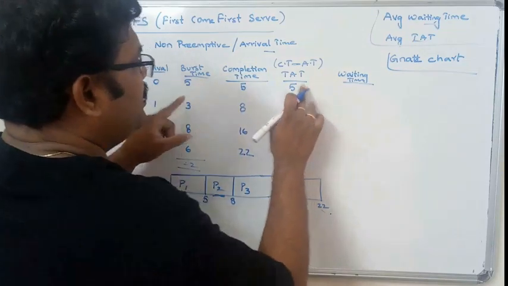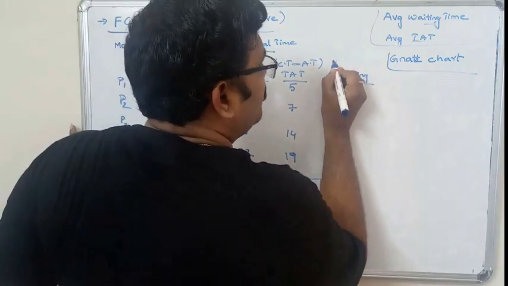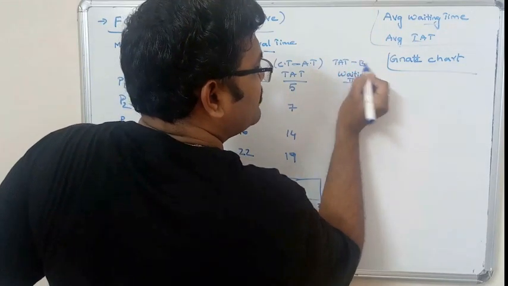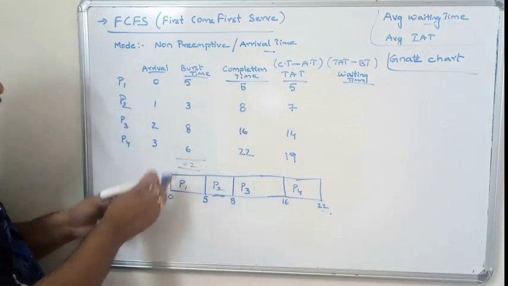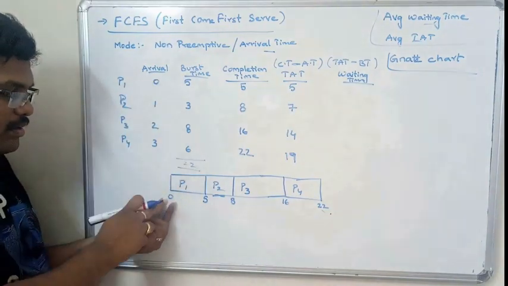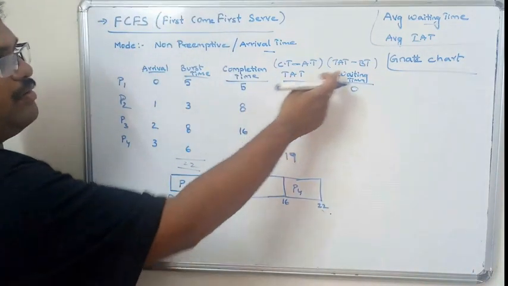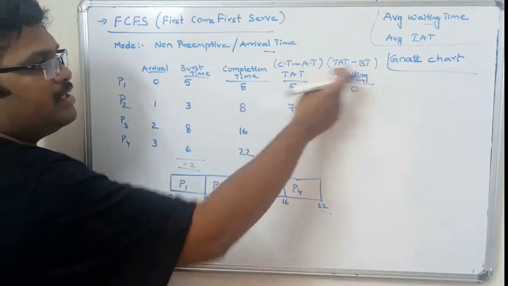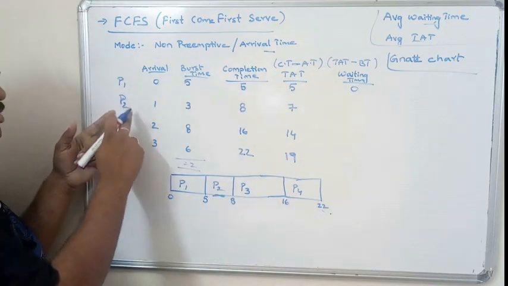So simply we can say turnaround time minus burst time. Or I will explain to you. Arrived at 0, CPU allocated at 0. So it is 0. According to the formula, turnaround time minus burst time, 5 minus 5, 0.